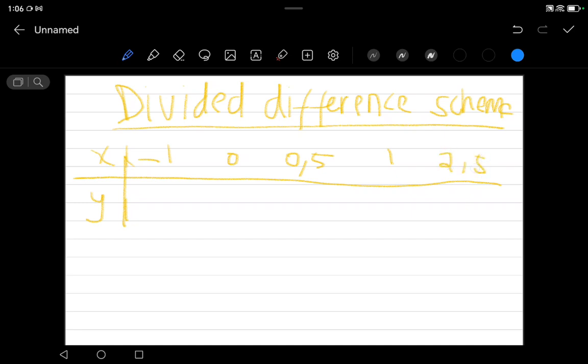And then for the y values, we have 3, minus 2, minus 0.375, 3, and the last one, 16.125.